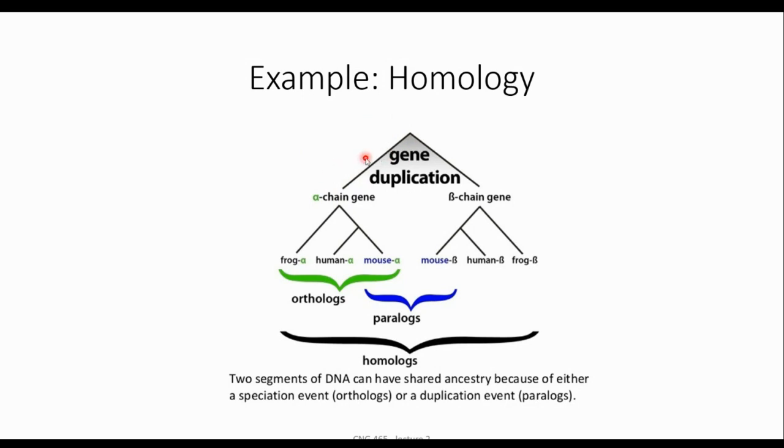For example, the alpha chain gene and beta chain gene, usually called alpha globin gene and beta globin gene in human beings, do pretty much the same function, but there are, of course, some differences, although we can see some big similarities. It shows that they come from the same father, if I may say. So the alpha chain gene and beta chain gene create the alpha chain protein and beta chain protein at the end.